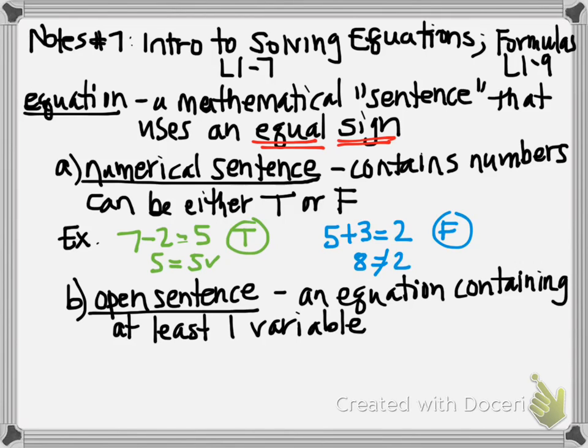And the problem with open sentences, we don't know if they're true or false unless they tell us what the variable equals. So they could be true if we have a value for the variable that makes the left side equal the right side, and they'll be false if we have a value for a variable where it's false on one side, true on the other. So again, we can't process what kind of answer we're going to get unless they give us further information.